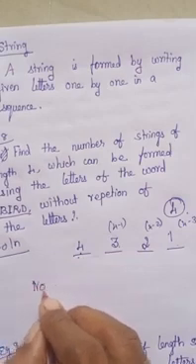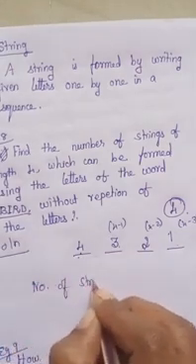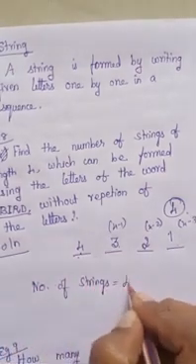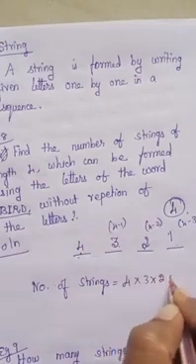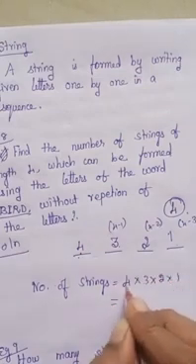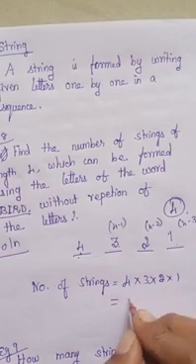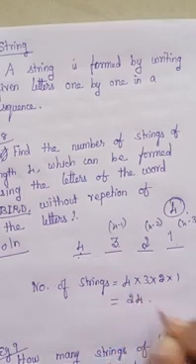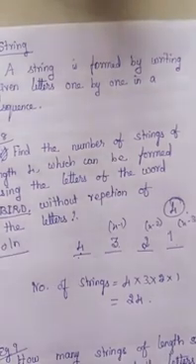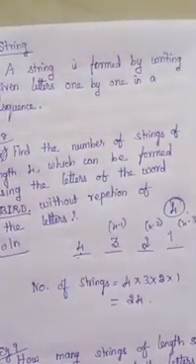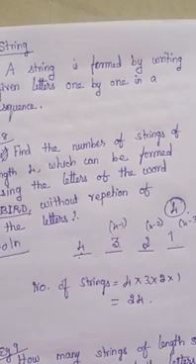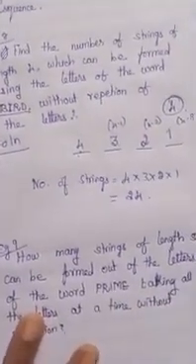Now you can write number of strings is equal to 4 into 3 into 2 into 1. So 4 into 3 is 12, 12 into 2 is 24, 24 into 1 is 24. Is it clear? This is the number of strings. Shall we do one more problem related to that?